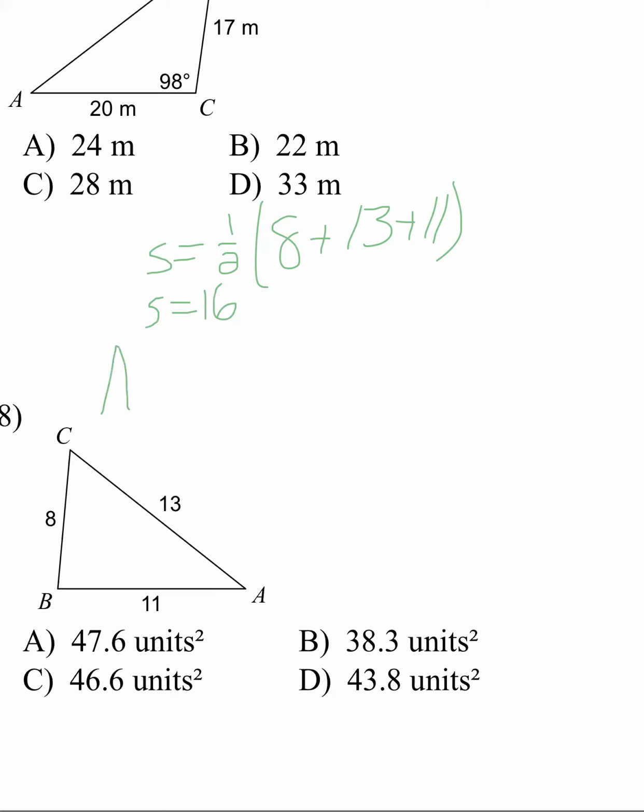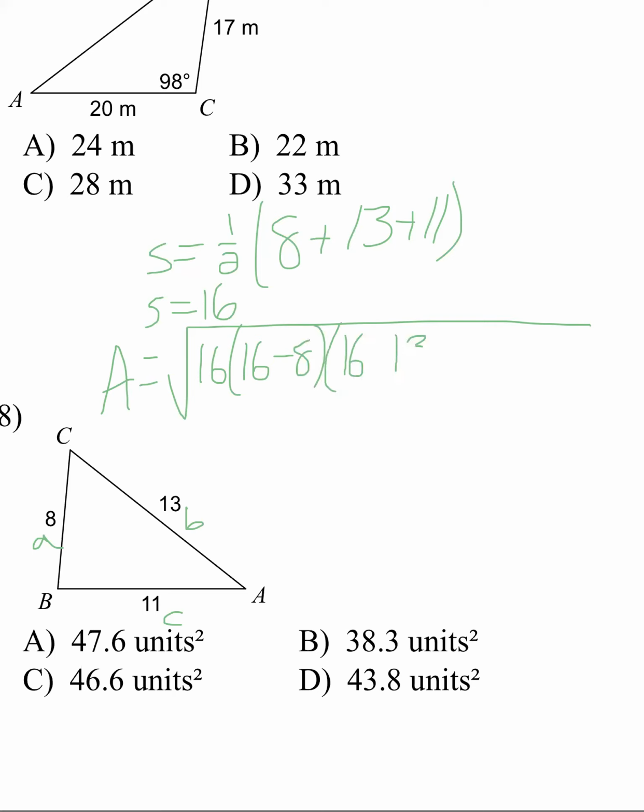All right, pop it into the formula. A big old square root of 16 times (16 minus A). I've got A, B, and C here. So A is 8. B is 13. And C is 11.